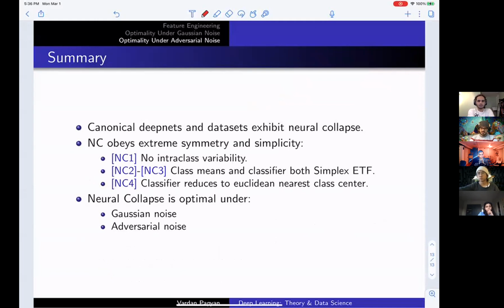So to summarize, what we've seen is that canonical datasets and deep nets exhibit neural collapse. And we've seen that neural collapse is optimal under Gaussian noise and under adversarial noise.